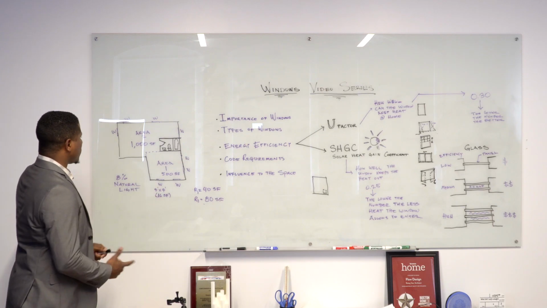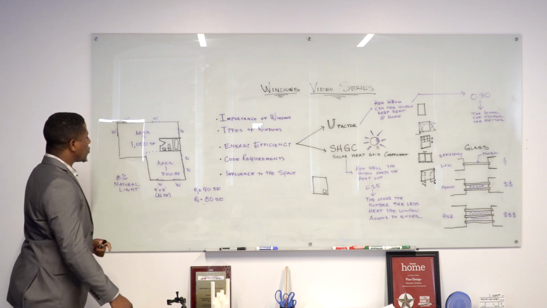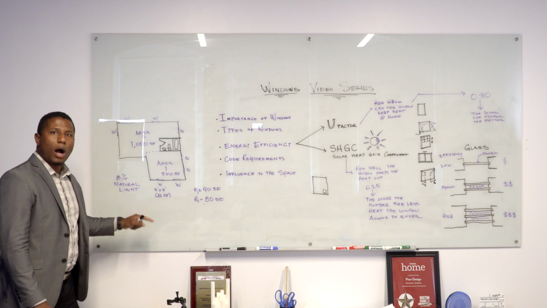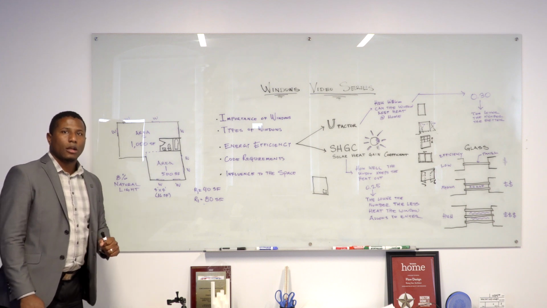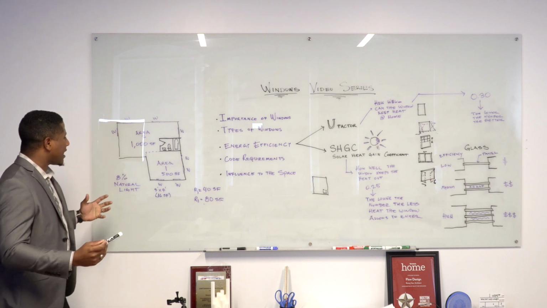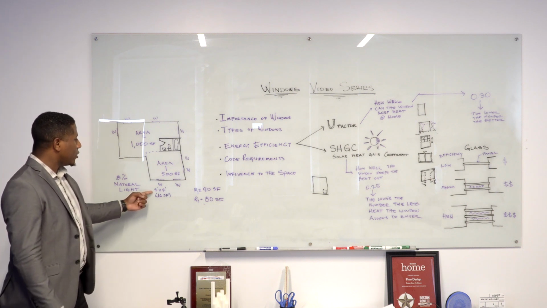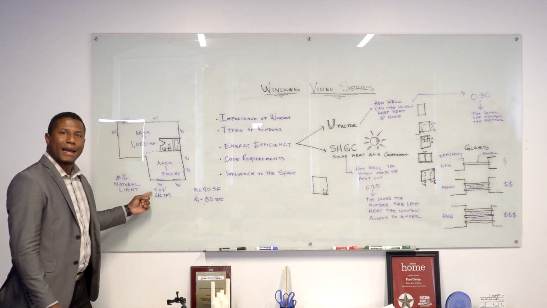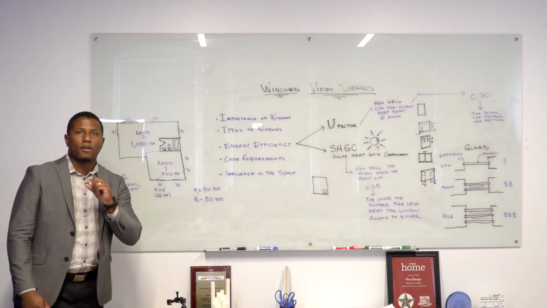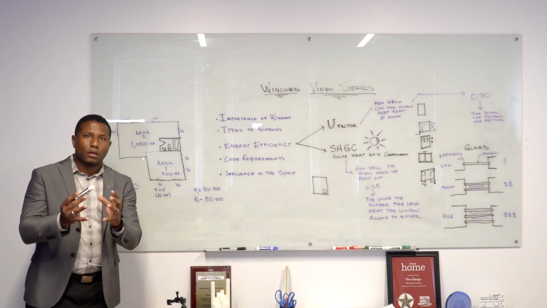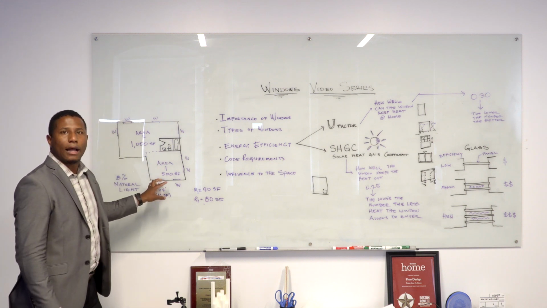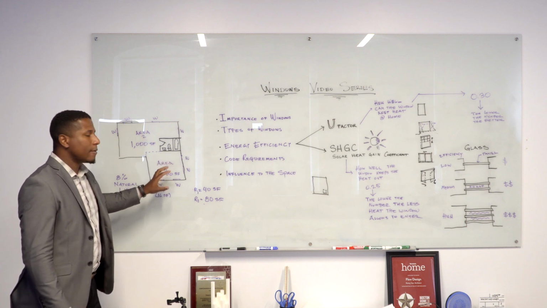So I have 500 square feet, and the code says, oh, you are required to have 8% for natural light for that space. So what does that mean? If you have a window that is 4 by 4, that equals 16 square feet of area that allows natural light to penetrate a space.